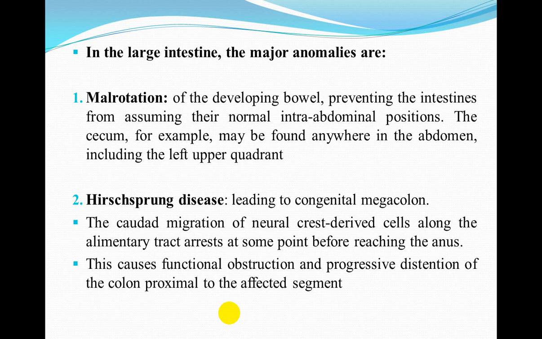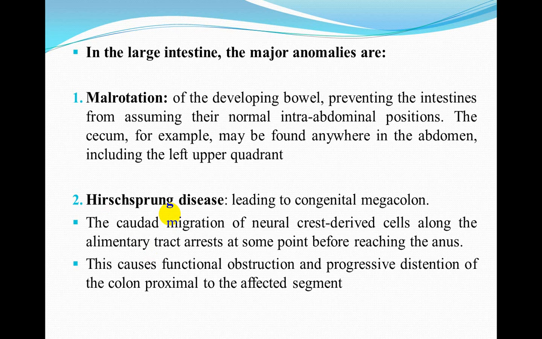In normal instances, neural crest derived cells migrate caudally along the alimentary tract to reach the anus and innervate all the segments of the intestine. In Hirschsprung disease, there is a failure. The caudal migration is arrested at a certain point before reaching the anus.